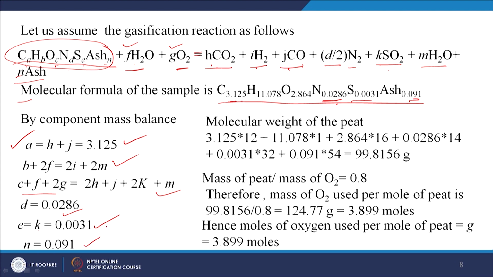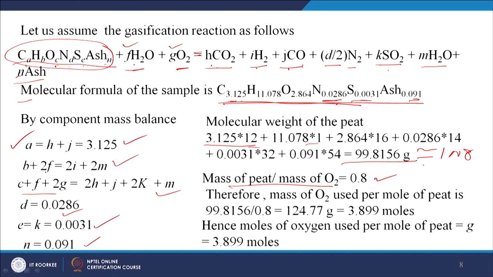Now, some of the coefficient values we have come to know, the rest we have to find out. For that, let us see the molecular weight of this. We will put the value of molecular mass of this, and we will get 99.81, that is equal to, say, 100 gram. We assumed previously that we are getting 100 gram samples. Now, mass of oxygen by mass of peat is given, that is equal to 0.8, as the problem statement says.